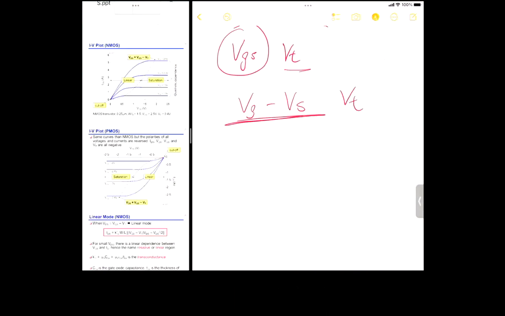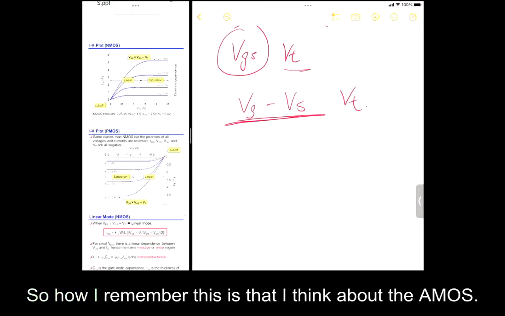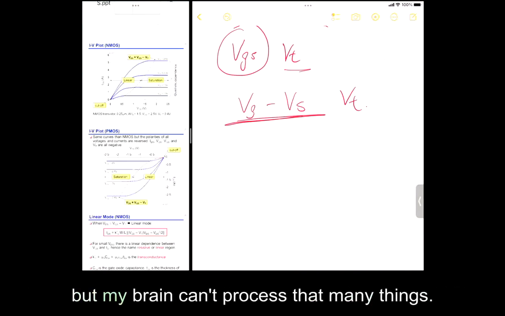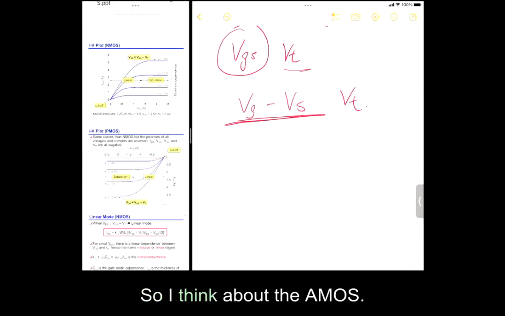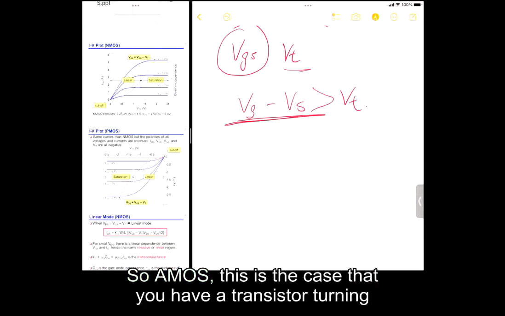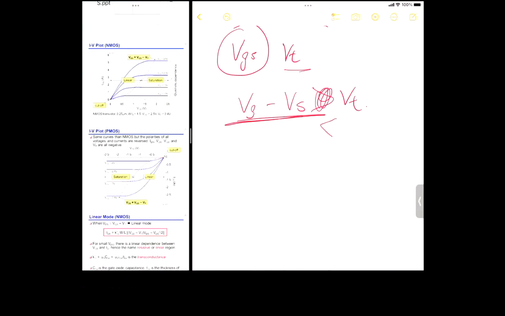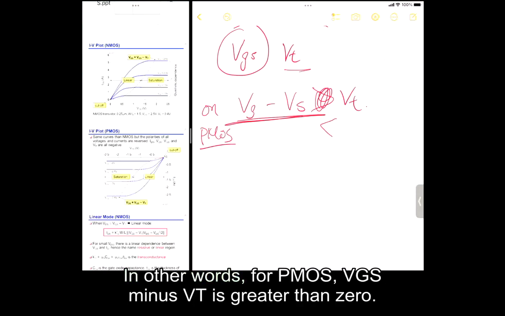How I remember this is that I think about the NMOS. I don't think it's a very good way, but my brain can't process that many things. So I think about the NMOS. For NMOS, this is the case where you have a transistor turning on, right? So for PMOS, it's the other way around. So this is the on case for PMOS. In other words, for PMOS, VGS minus VT greater than 0.